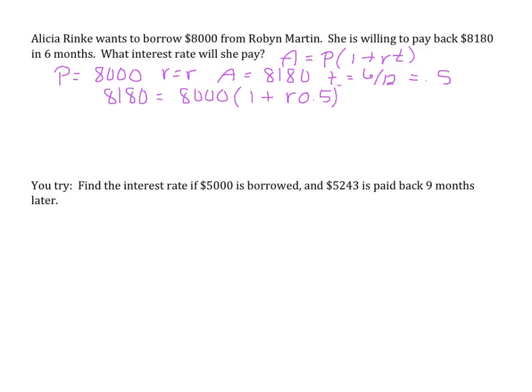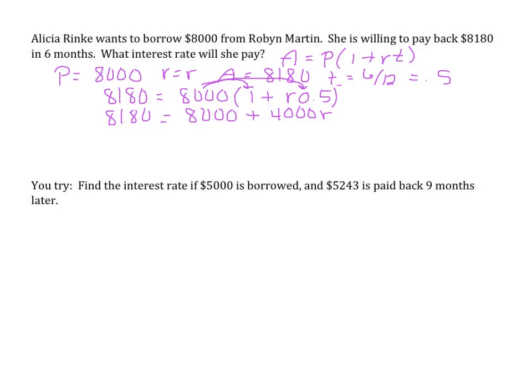So if we distribute this 8,000 through, because our goal is to get R by itself since we don't know what our rate is, well, half of 8,000 is 4,000 times our rate.